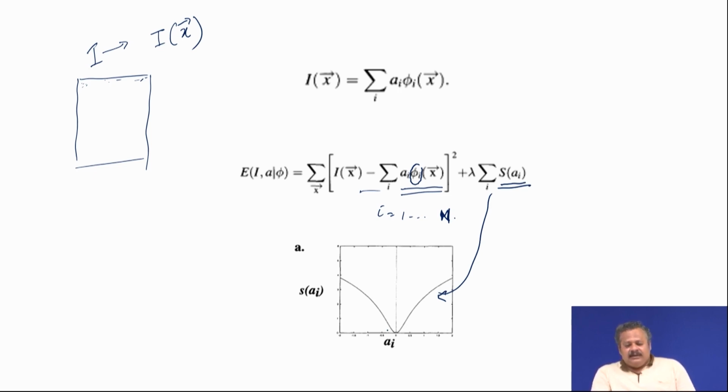And lambda is simply a factor that weighs the two quantities that we are minimizing, providing the relative weightage of the two. So this is providing the error term and this is providing the sparseness term.